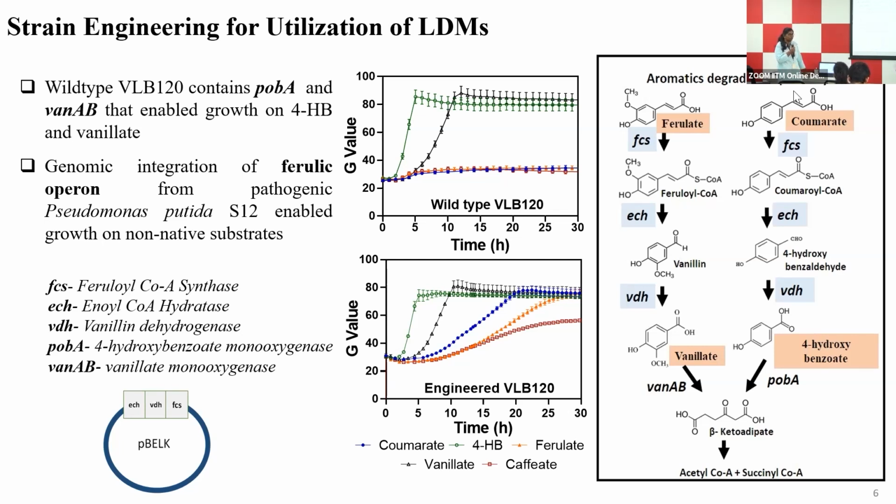So what we did was we took genes from a pathogenic Pseudomonas strain, which is called Pseudomonas putida S12. We took genes from that and genetically integrated these three genes, which were responsible for the degradation of these complex molecules, and we were able to achieve growth on these substrates.